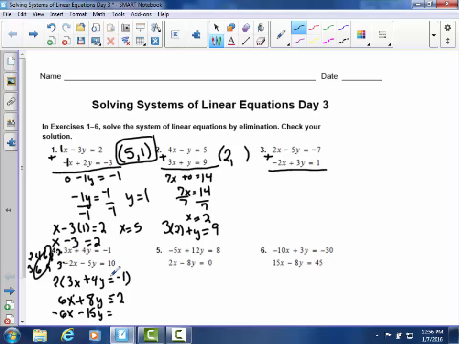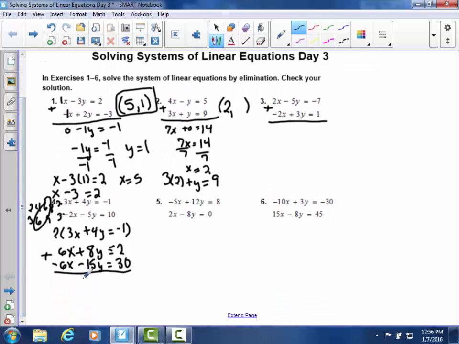And then 3 times 10 is 30. So when I add these together, 6 plus -6 is 0. 8 plus -15 is -7. And -2 plus 30 is 28.